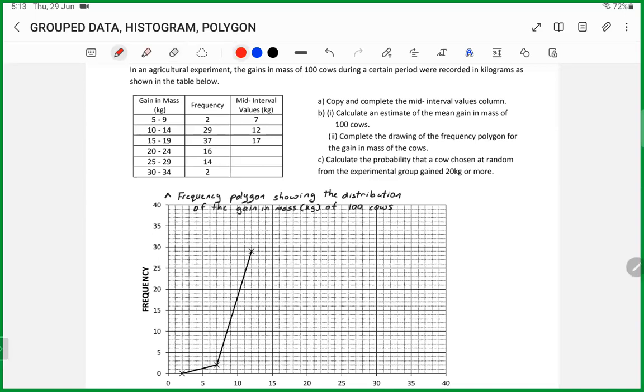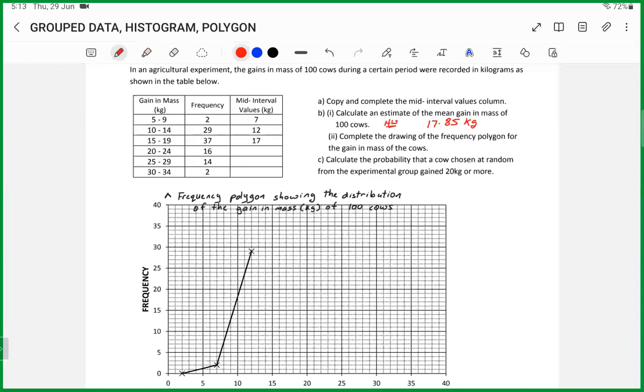Well, you could do this for homework, right? We already did finding the mean for a frequency table. Okay, so I'll just give you the answer. The answer is 17.85 kilograms. And then you could just follow the working like what we did earlier and try to find the mean. But I'm gonna focus on the frequency polygon.